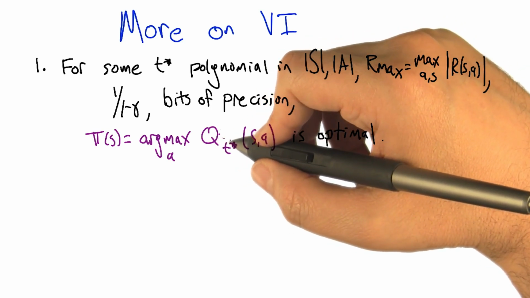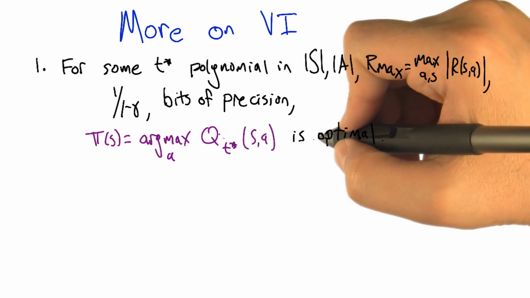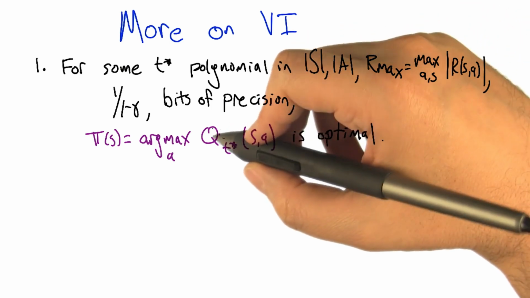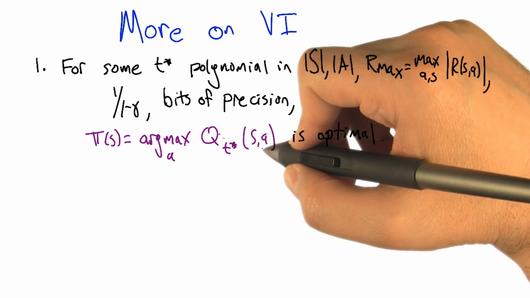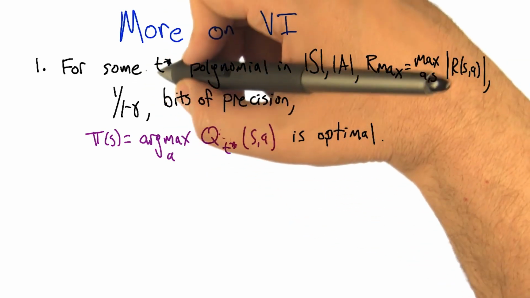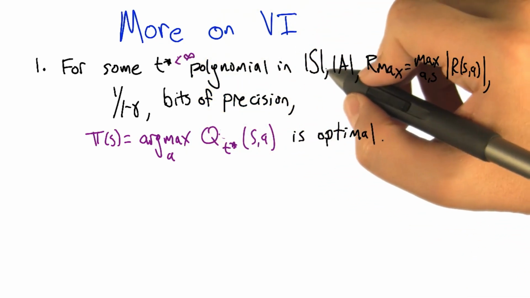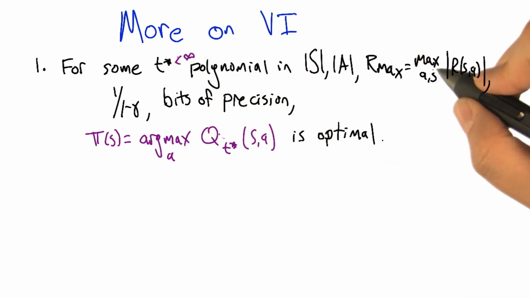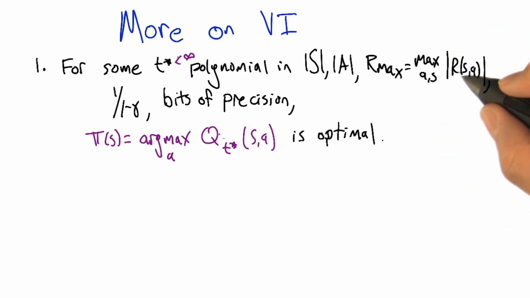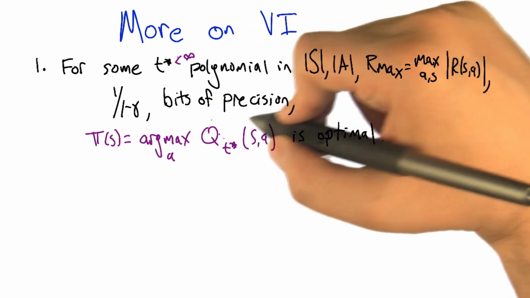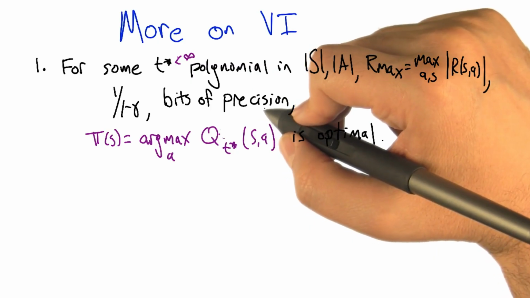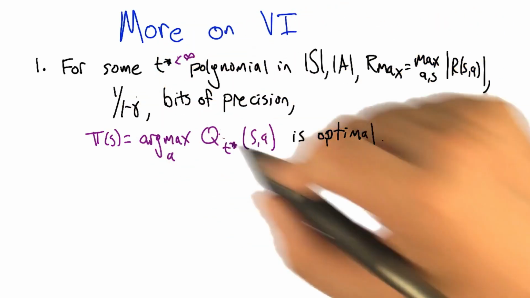We know that Q_t eventually goes to Q star. But here's kind of an interesting thing that we know about the finite horizon. So there is some t star less than infinity that's polynomial in the number of states, the number of actions, the magnitude of the rewards in the reward function, the number of bits of precision that are used to specify the transition probabilities, and 1 over 1 minus gamma.